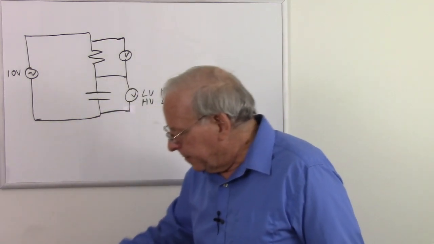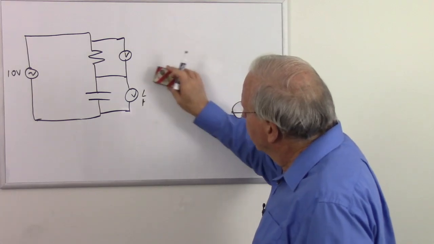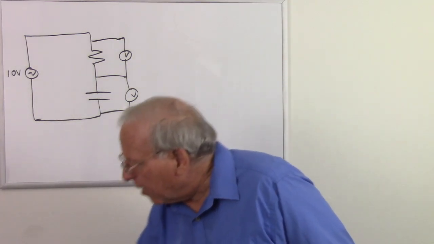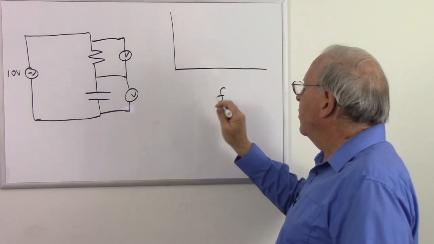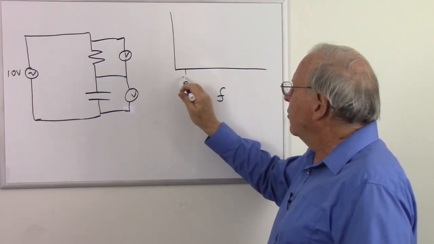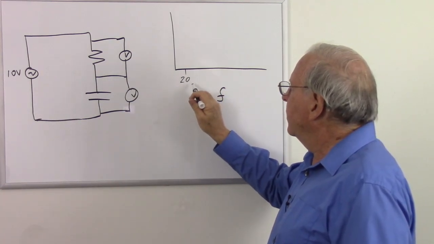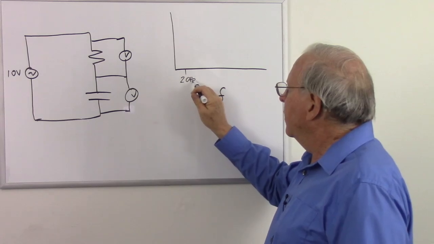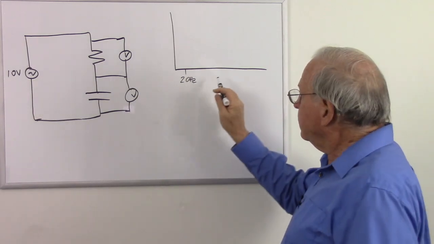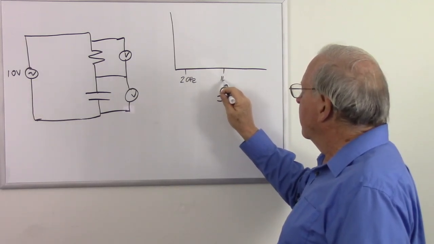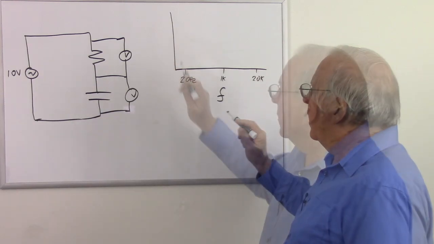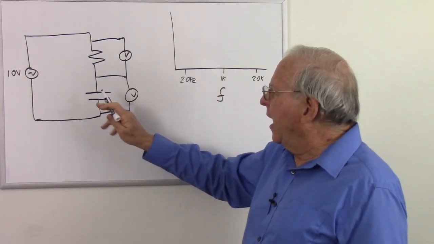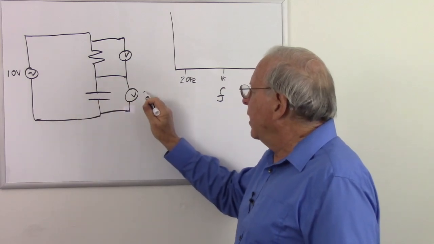So let's make a little graph here. Here's our frequencies. And let's say this is at 20 hertz, the threshold of hearing. And let's put in the middle 1 kilohertz and up here 20 kilohertz. And let's say at 20 hertz, we have, let's say, 9 volts across here.